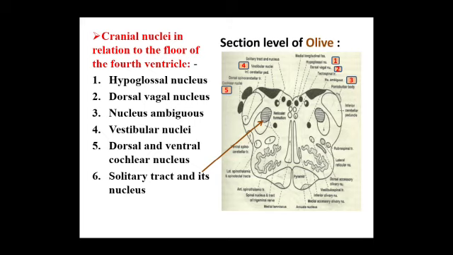The main ones are the hypoglossal nucleus, dorsal vagal nucleus, nucleus ambiguus, vestibular nucleus, dorsal and ventral cochlear nucleus, and solitary tract and its nucleus.